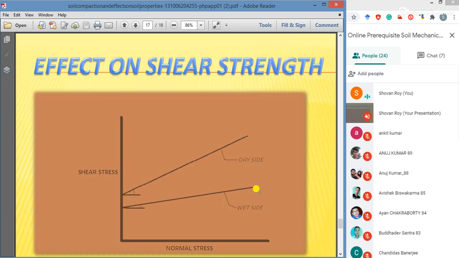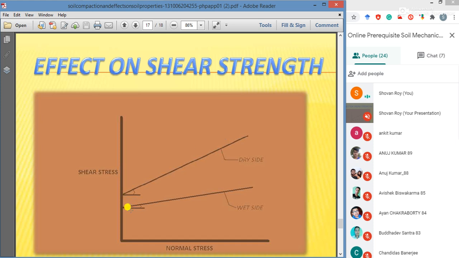So this wet density is important at that time. And the dry density, we already have the idea how we can maintain it, or through dry density we can find out the maximum density of the soil.